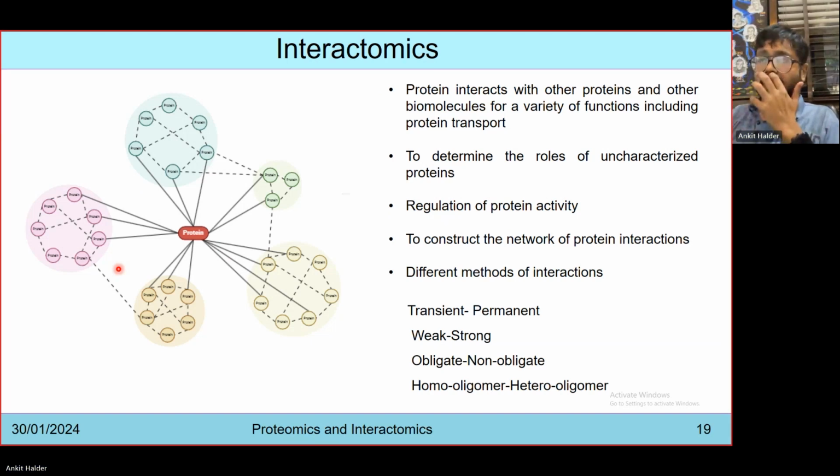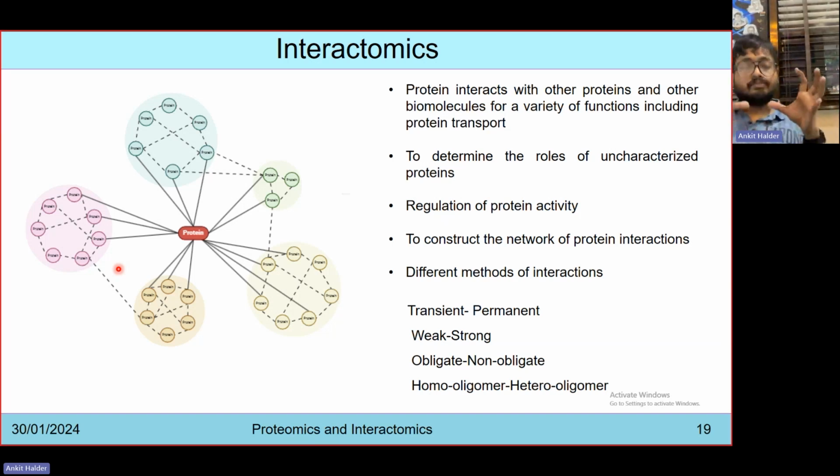So now, once we have understood and got some feel of the different technologies, what basically is interactomics? We know that a protein interacts with other proteins, but a protein also interacts with other biomolecules like nucleic acids, lipids, and other agents, and it helps us to have a very comprehensive molecular system.